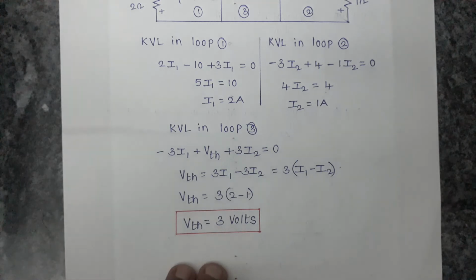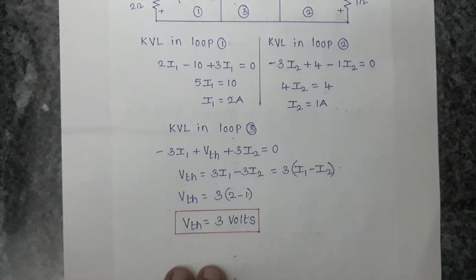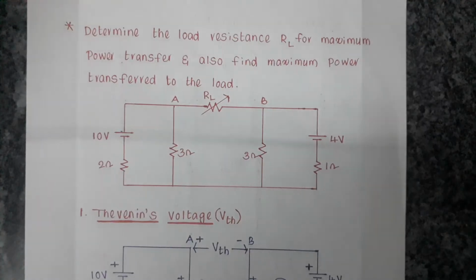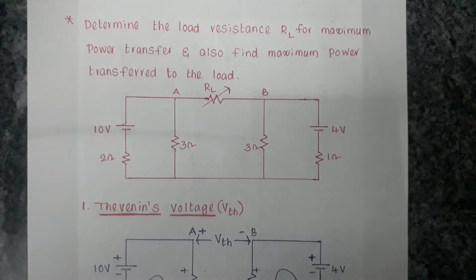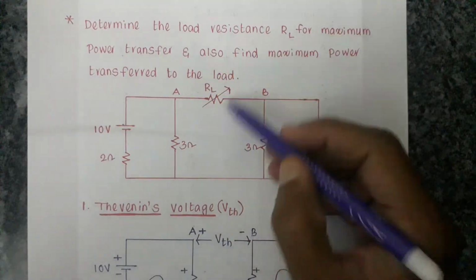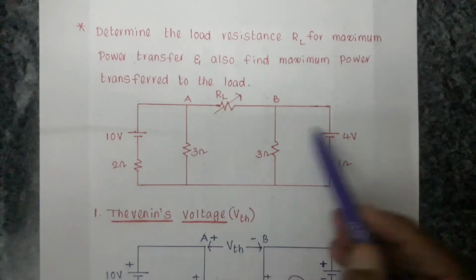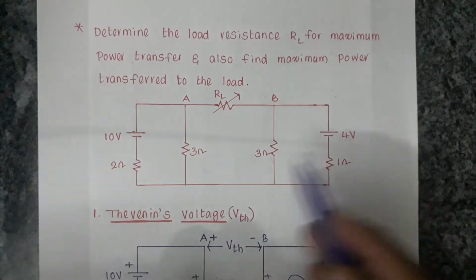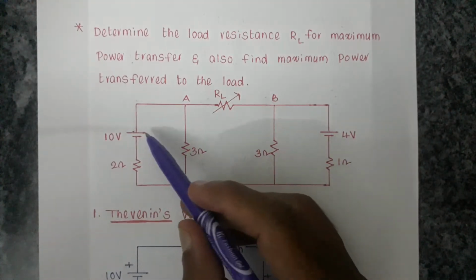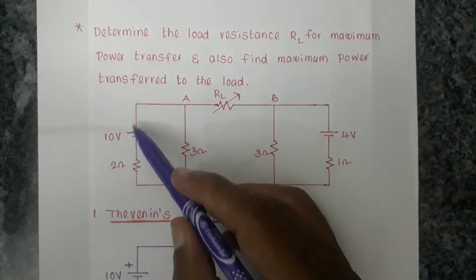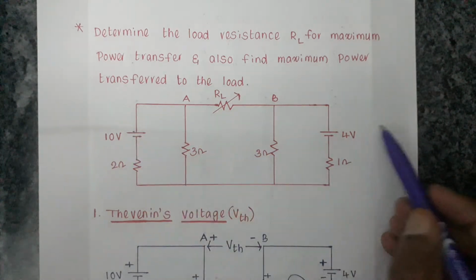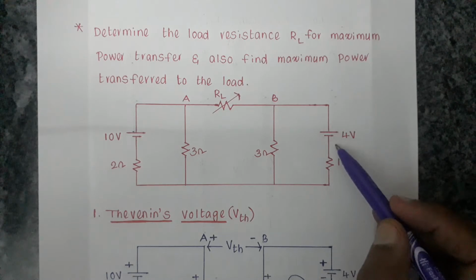In step 2, we have to find Thevenin's resistance. To find it, we have to remove this RL and deactivate these two voltage sources. Deactivating a voltage source means making that value 0. If voltage is 0, it is a short circuit.